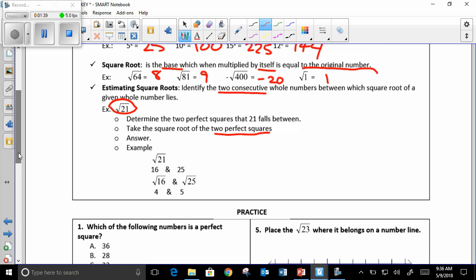The square root of 21 is between 16 and 25 because the square root of 16 equals 4 and the square root of 25 equals 5. So which two numbers? Consecutive means back to back, so the correct answer would be 4 and 5.